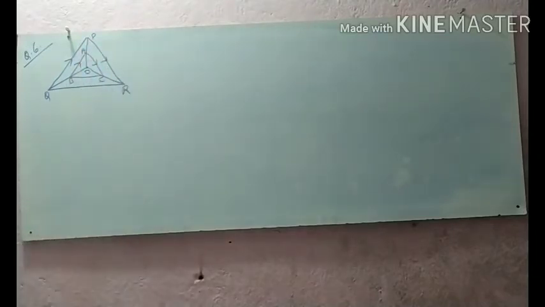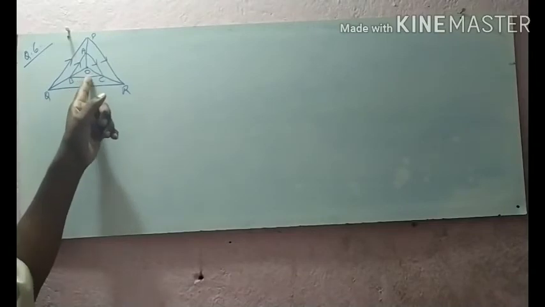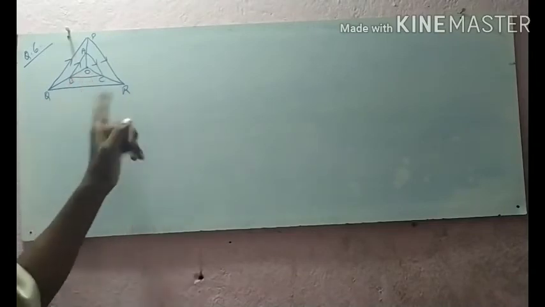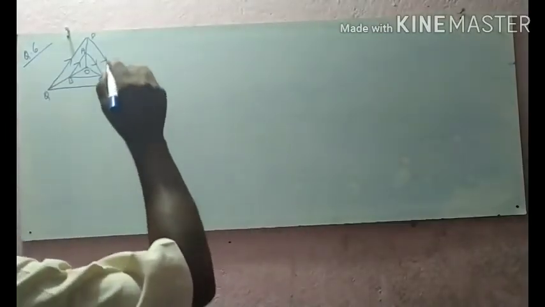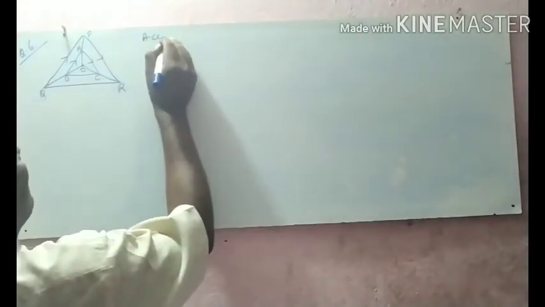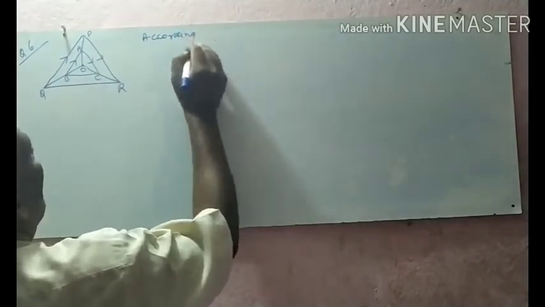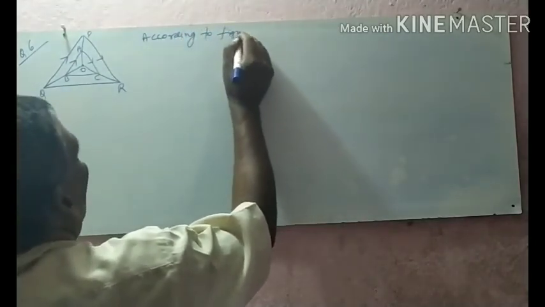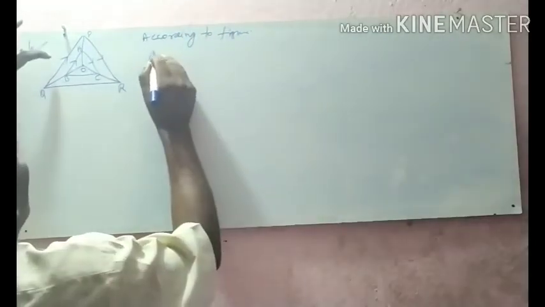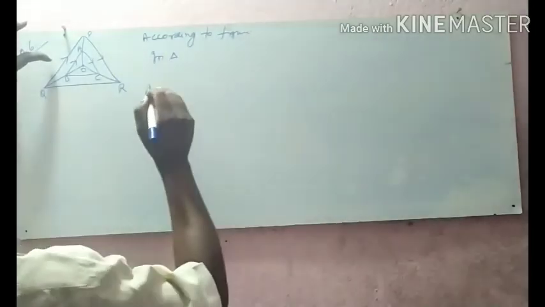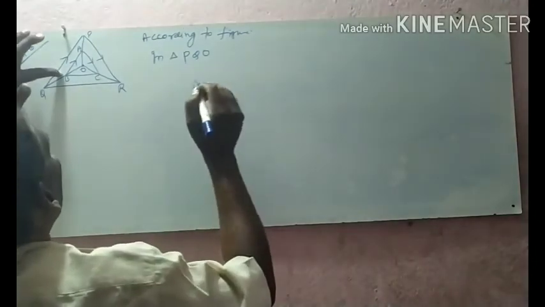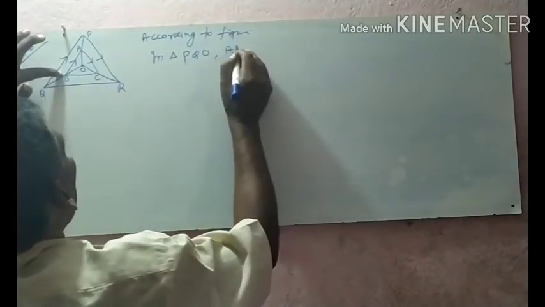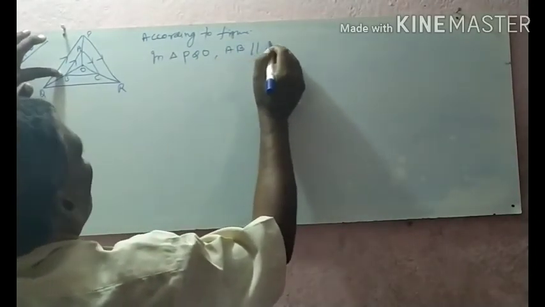Then we have to check whether BC is parallel to QR or not. Now, according to the figure, in triangle POQ, AB is parallel to PQ.